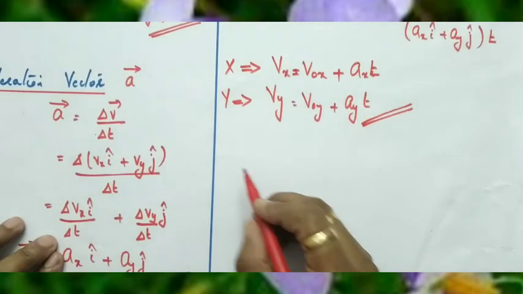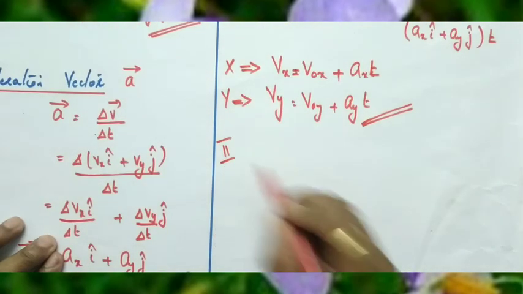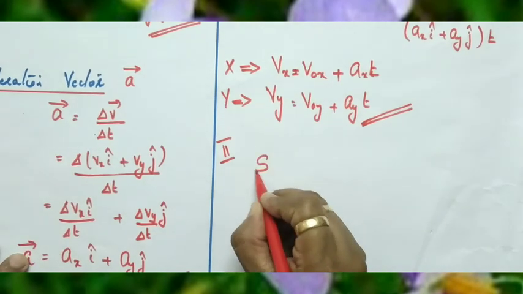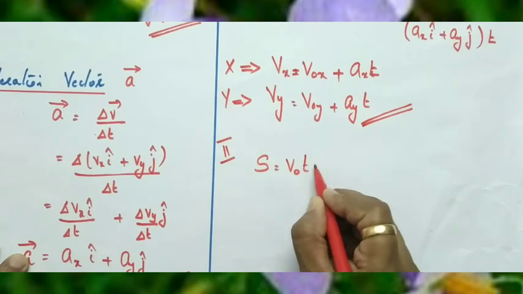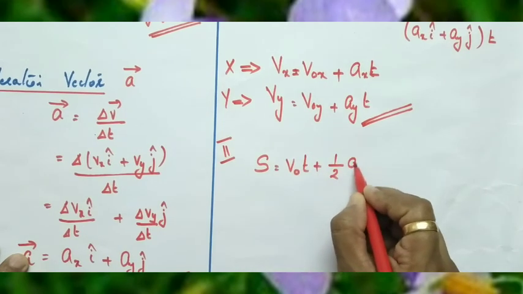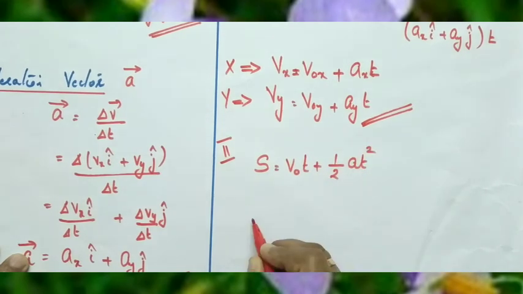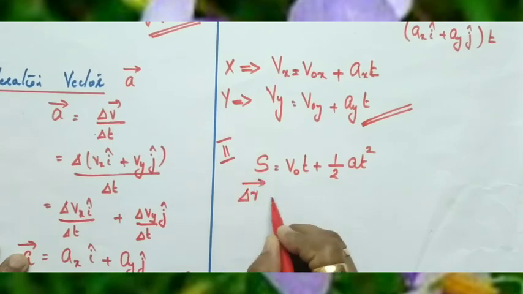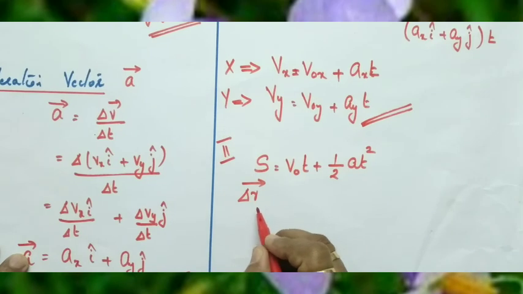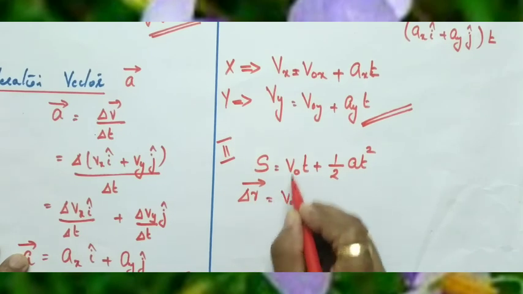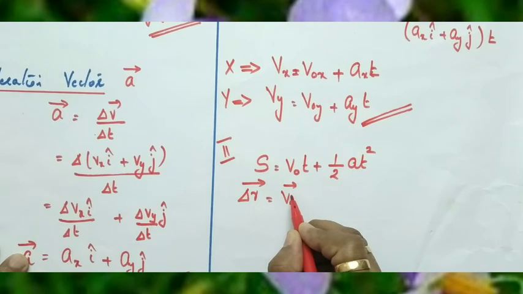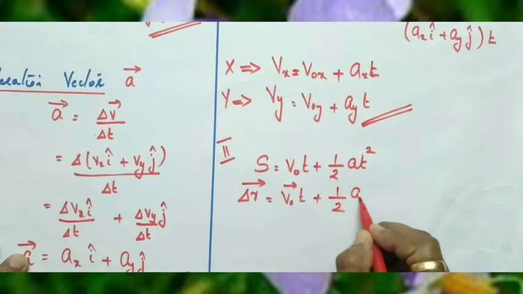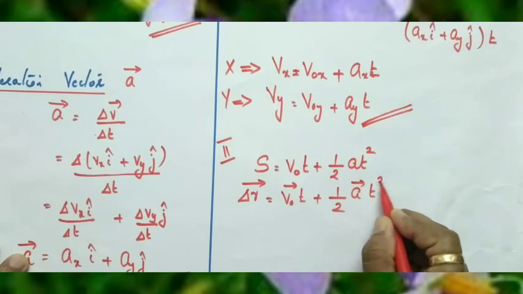Now we can represent the second equation. The second equation is s equals v0 t plus half a t square. In vector form, displacement is usually represented by delta r, isn't it? Displacement is represented by delta r. Equals, in vector form, v0 represents a vector, times t, plus half a, which is a vector, therefore vector a, into t square.